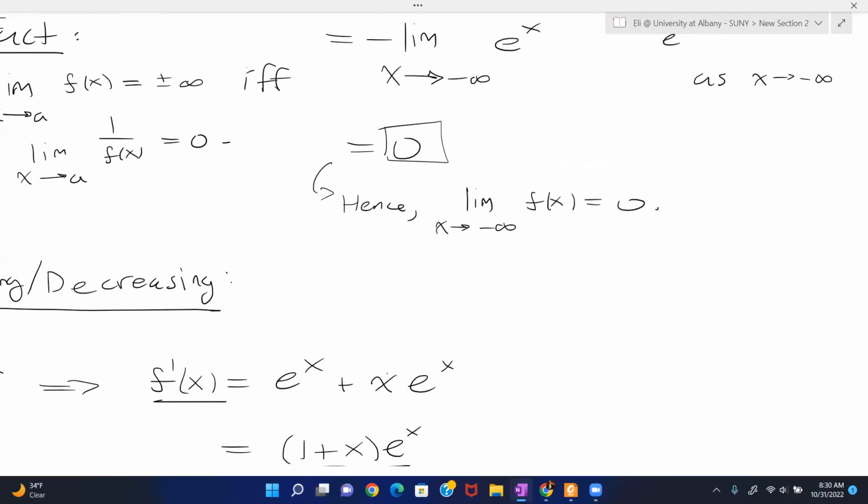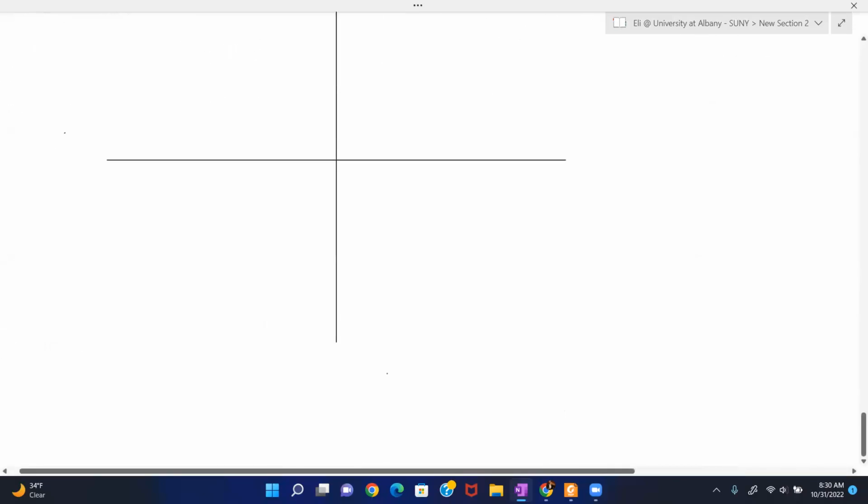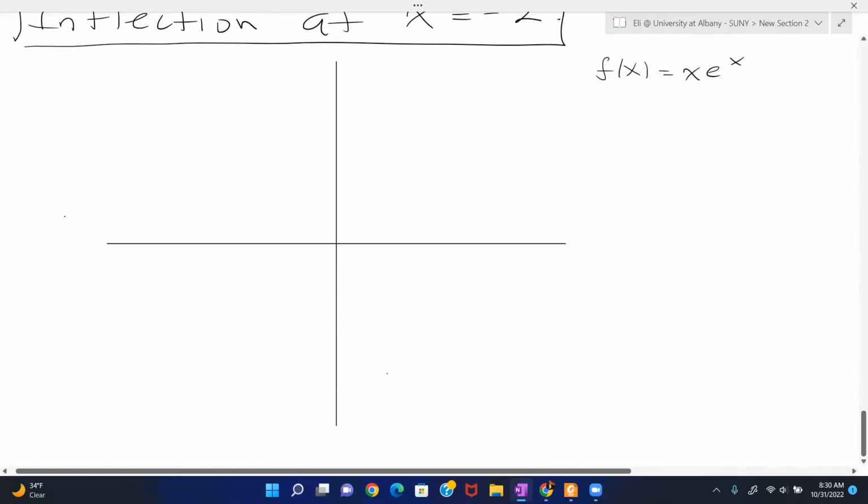So y = 0 is a horizontal asymptote as x goes out to negative infinity. All right, so now we have a minimum at, let's see, is that right? Is it a minimum? Yes.